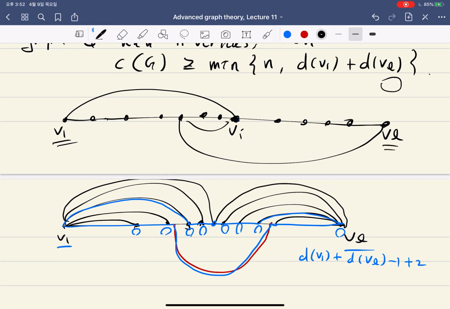So for that, we want to first show that this path can be divided into this left part and right part, so that all the neighbors of PI have no bigger index than the neighbors of PL.